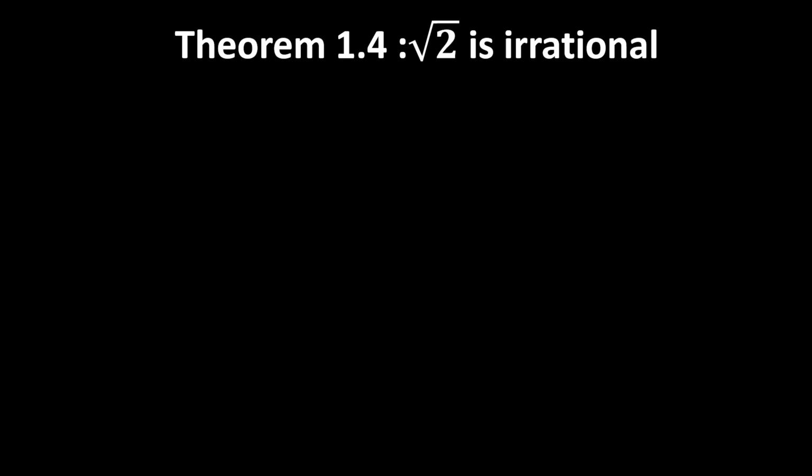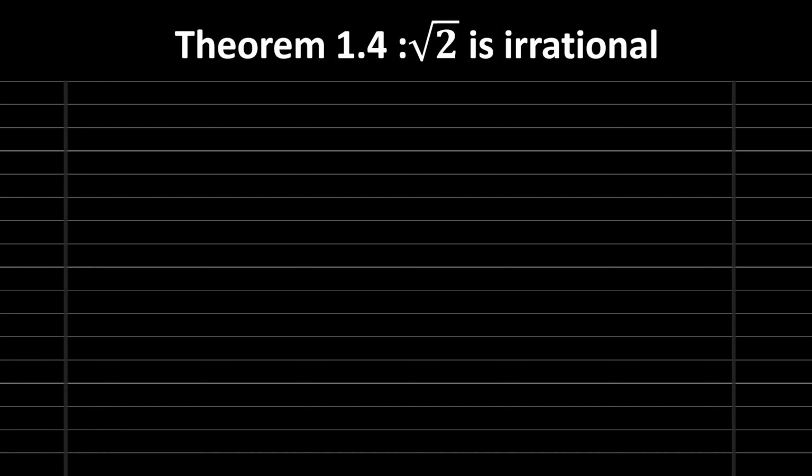It says that we have to prove here that root 2 is irrational. Now, in order to prove this theorem, we are going to use the method of contradiction.